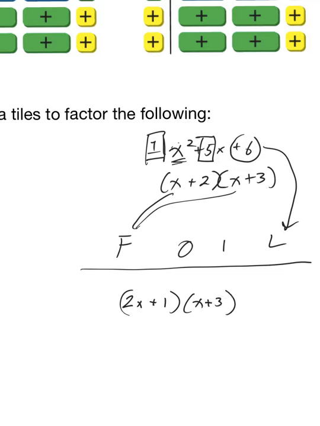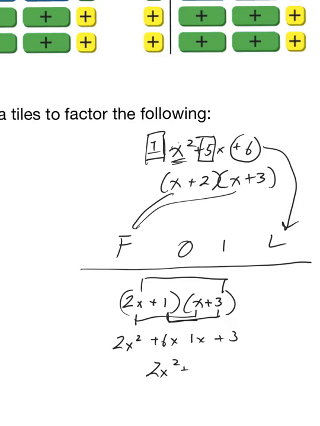If I multiply those out, let's do our FOIL. First, it's going to be 2x squared. Outsides, the O of FOIL, is going to be plus 6x. Then the insides, the I, is going to be 1x. And the last two numbers, 1 and 3, give us 3. Put them all together and we get 2x squared plus 7x plus 3.